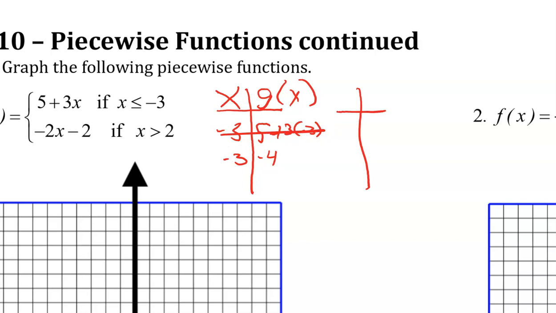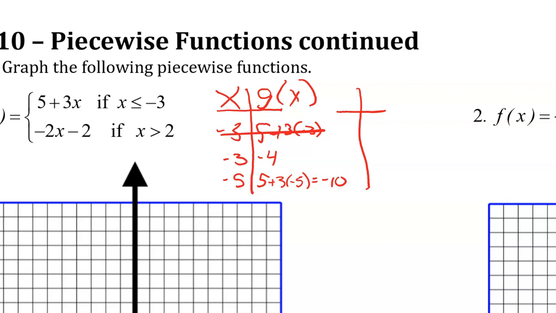And now we need another value where x is less than -3. So let's just use -5. 5 plus 3 times -5, which is -15, equals -10.